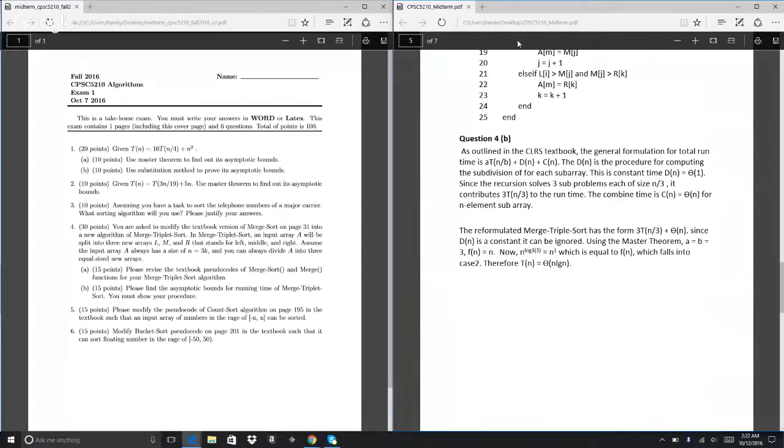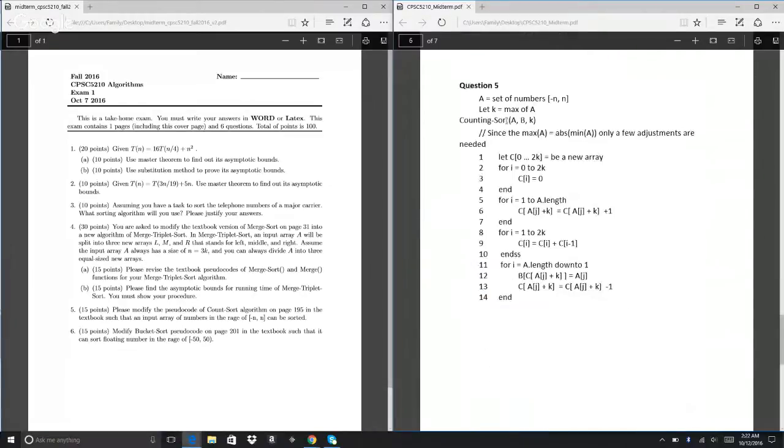Question 5 is please modify the counting sort to account for this range -n to n. And that's actually a lot of information right there. So you really don't need to modify the initial algorithm too much from the book.